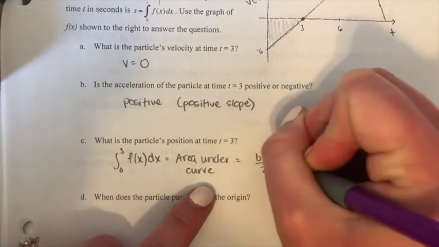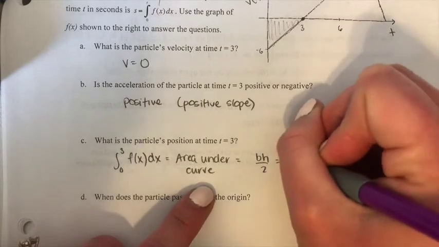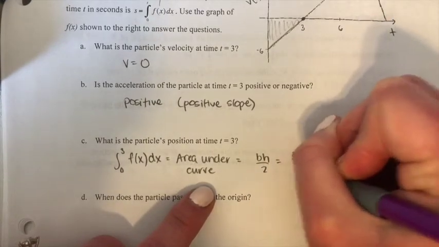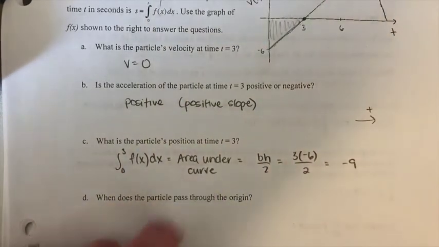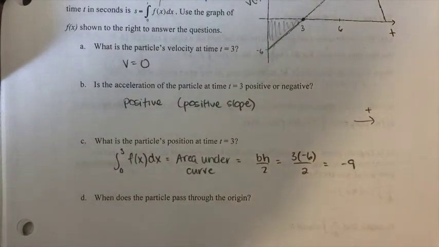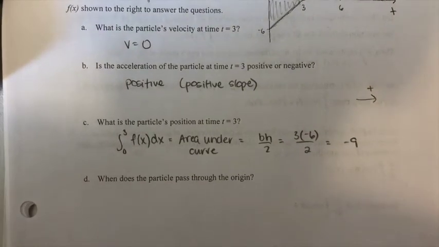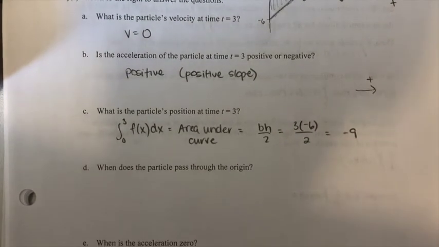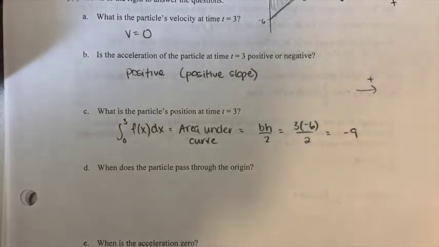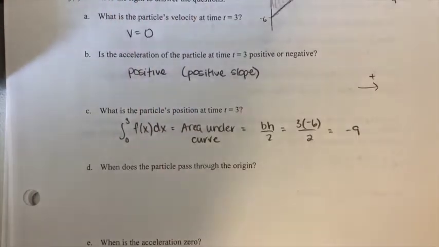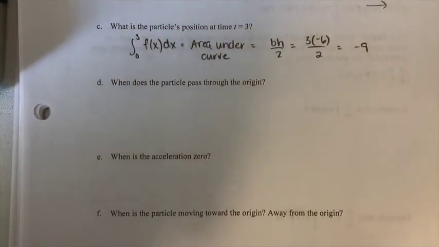Base is 3, height is -6, divide that by 2, we get -9, okay? So that just means it's gone 9 meters, it's probably meters if it's per second, to the left, right? The opposite of the positive direction.